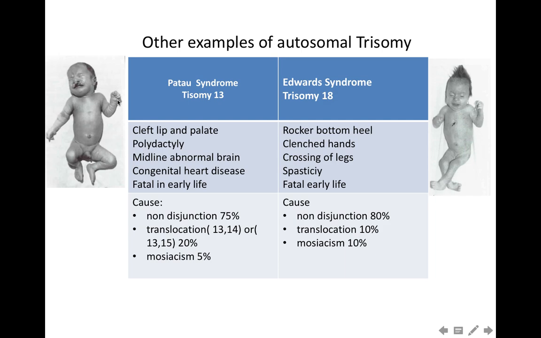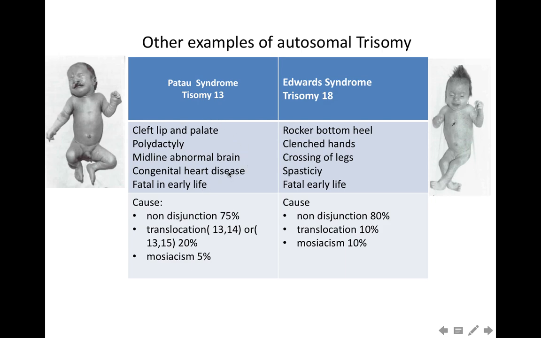They also have an extra finger next to the little finger, and they commonly have congenital heart disease, maybe also renal abnormalities, and the condition is usually fatal in the early months after birth.